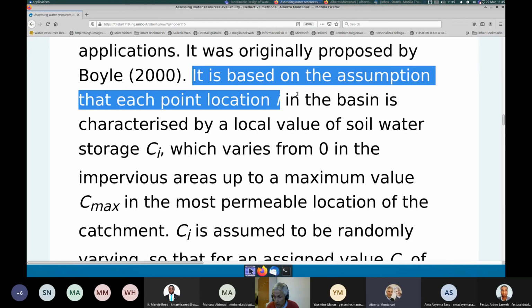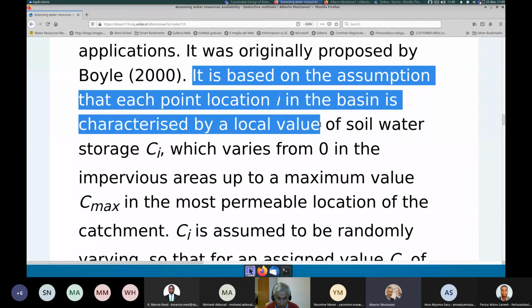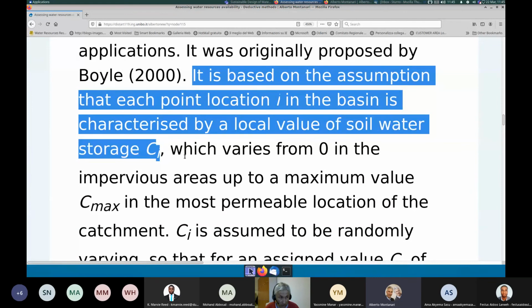What form? Look here. It is based on the assumption that each point location i in the basin is characterized by a local value. So this is a way to deal with heterogeneity. Of what? Of soil water storage, which we call with the variable Ci.